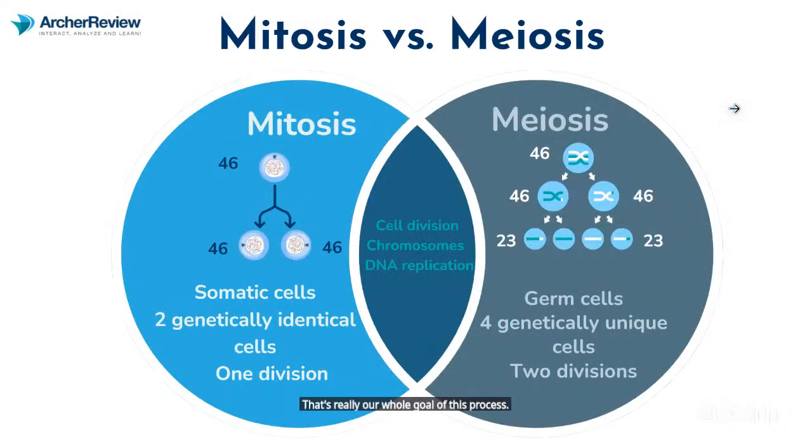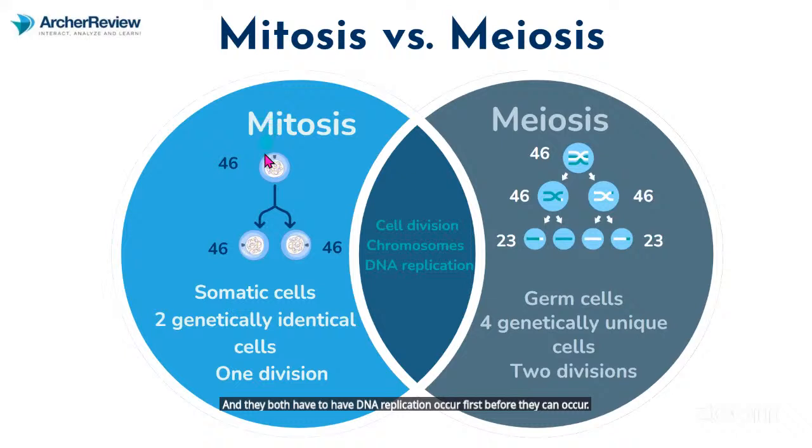All right, so kind of pulling it all together, mitosis versus meiosis. First and foremost, what do they have in common? Well, they're both forms of cell division. They both impact our chromosomes, and they both have to have DNA replication occur first before they can occur.